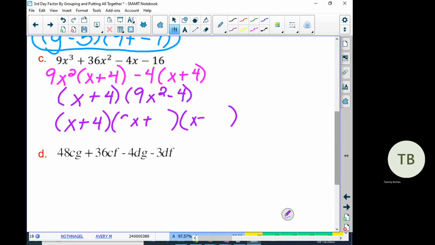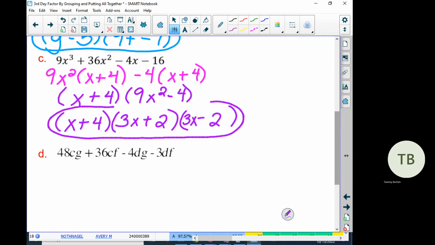And the square root of 9 is 3. And then we took the square root of 4, and that's what went here and here. And the square root of 4 is 2. Now, notice these all have a power of 1. So that means you can't factor it any further. So this is our answer.